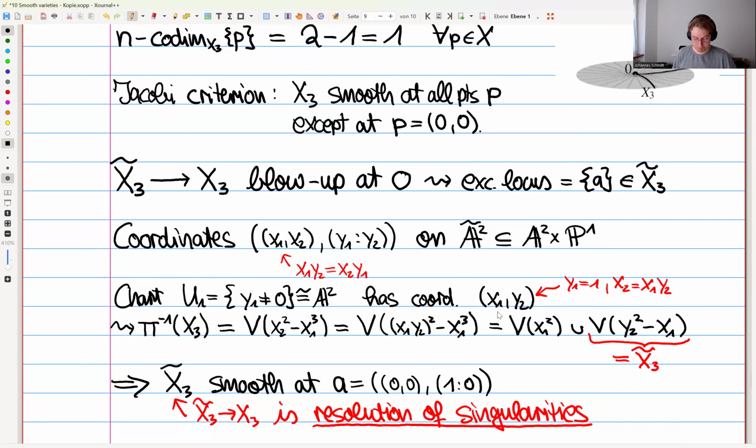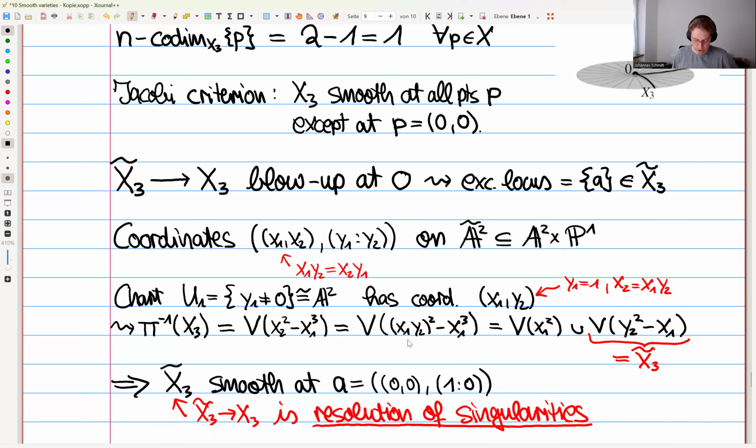Then let's see what happens with the equation. We want to take the pre-image of X3 under this projection. X3 was cut out by x2 squared minus x1 to the 3. x1 is one of the coordinates, so we leave it intact, and x2 we have seen is given by x1 times y2.